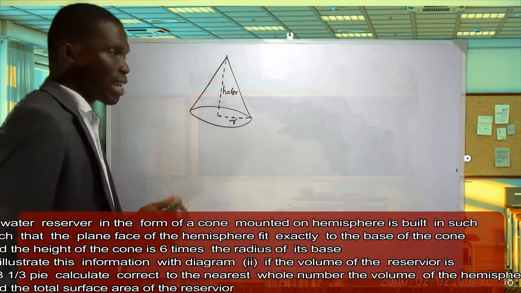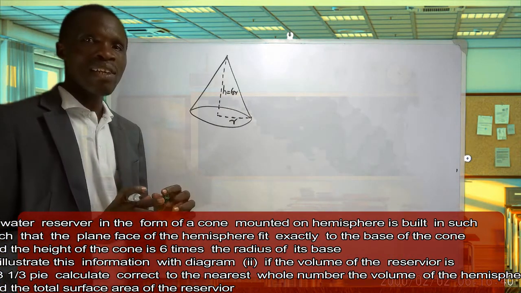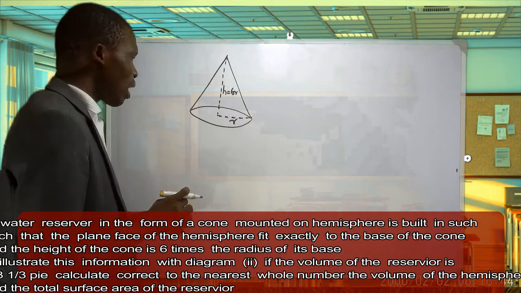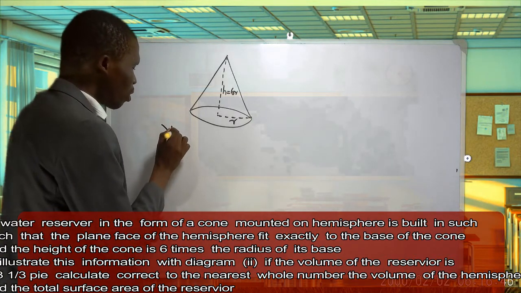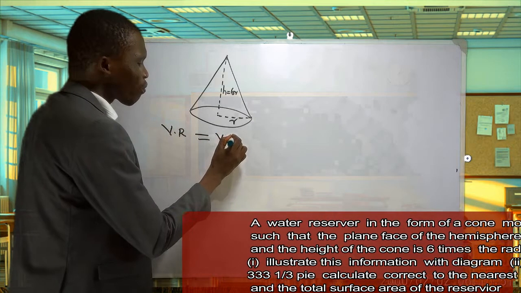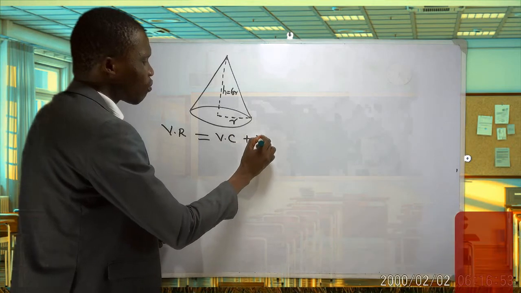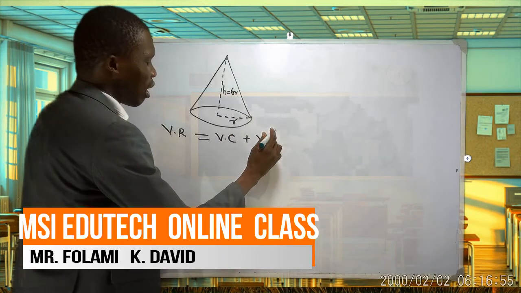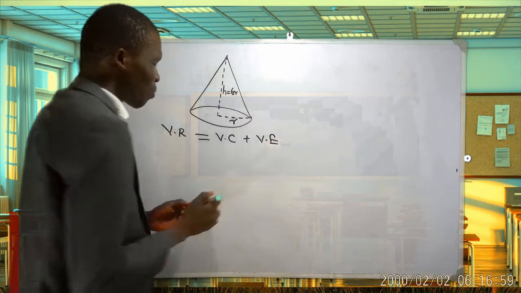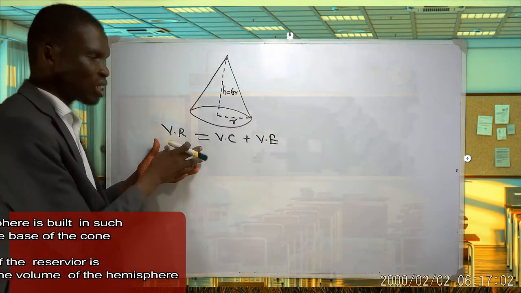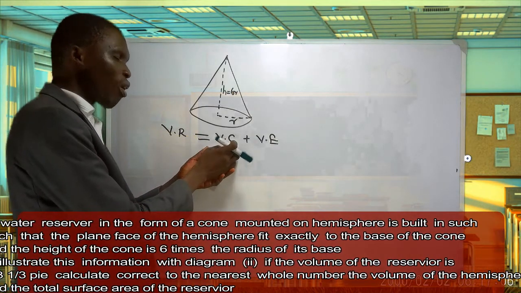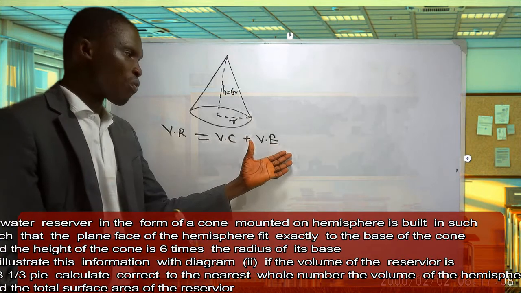Now, the next step is to understand that the volume of the reservoir equals the volume of a cone plus the volume of a hemisphere.